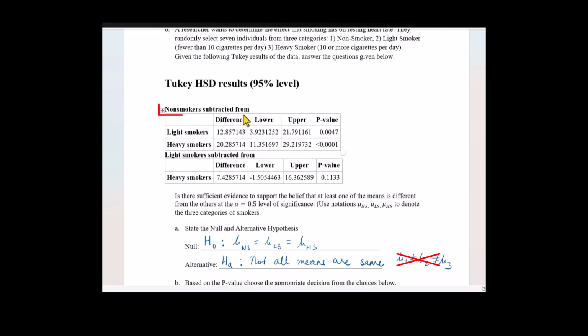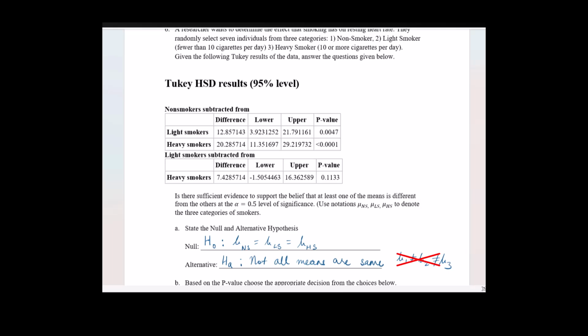Non-smokers subtracted from light smokers, and then non-smokers subtracted from heavy smokers. So the first table here is comparing light smokers with non-smokers and heavy smokers with non-smokers, right? So I'm going to write that down on the side.